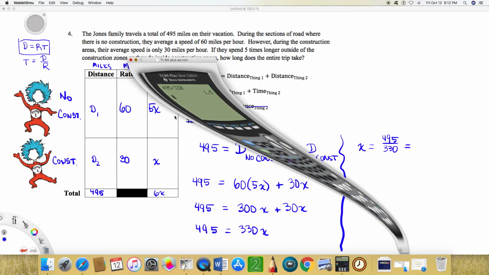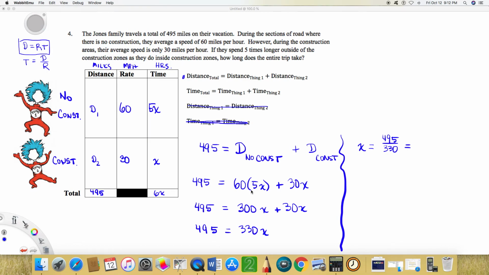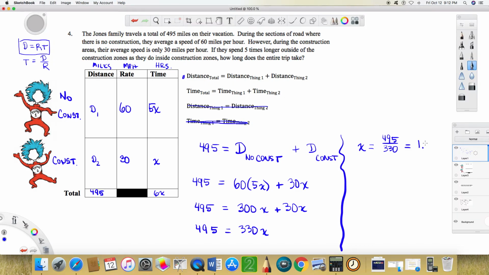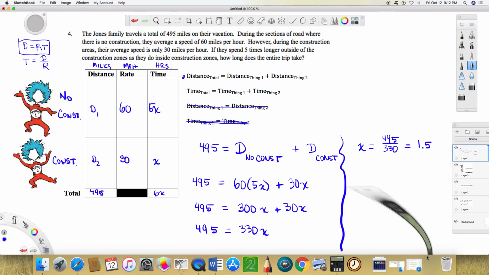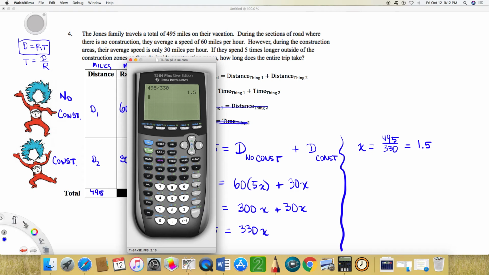Okay. And that was through the construction zone, because we said X was our construction zone. And then our no construction zone was 5 times that. So 7 hours? No, 7.5 hours.